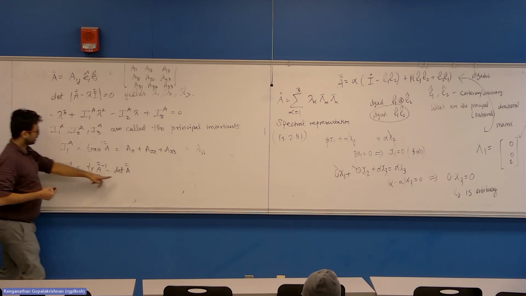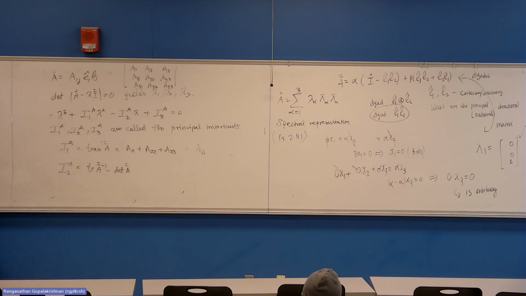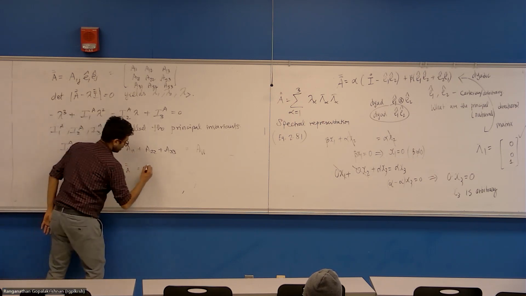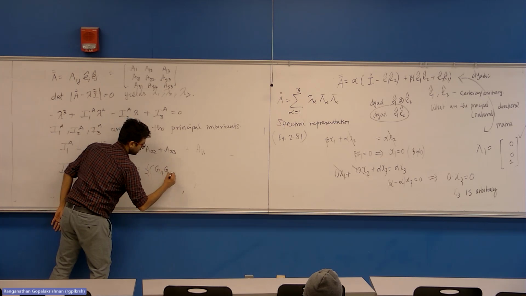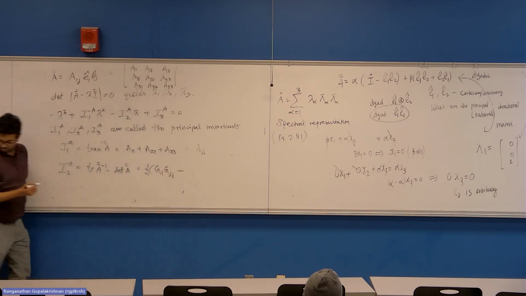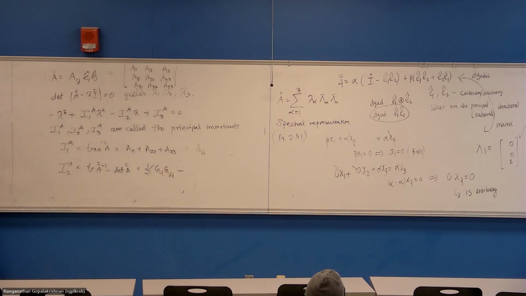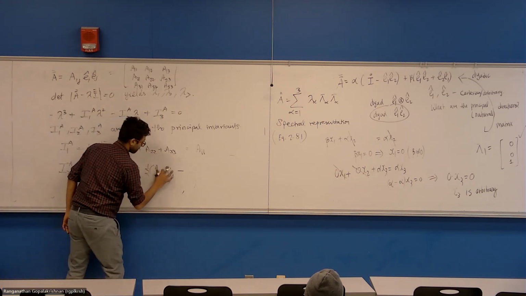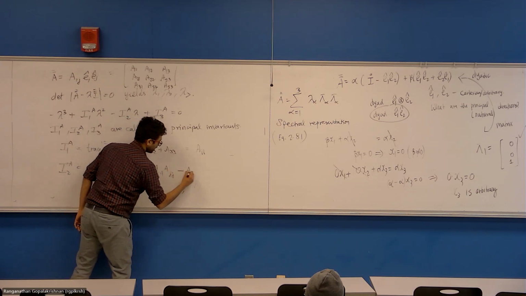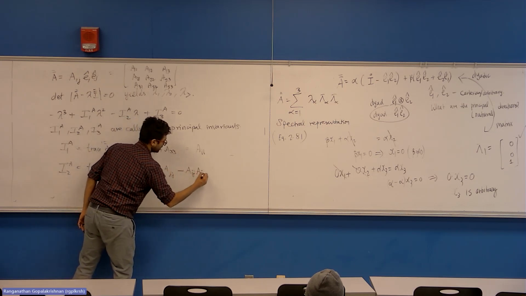Okay. So this trace of A inverse multiplied by determinant of A can be written as half Aii times Ajj minus Aij times Aji.